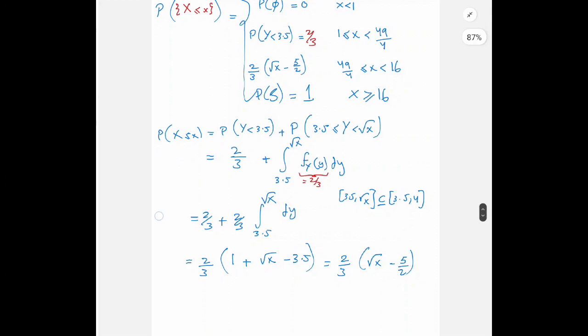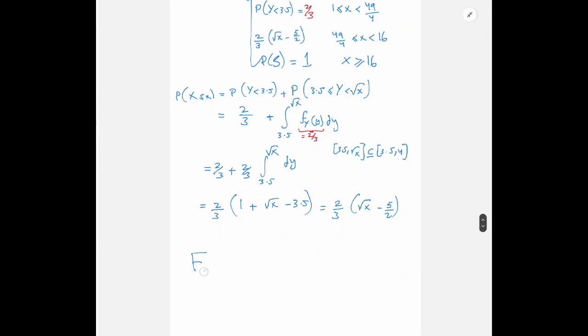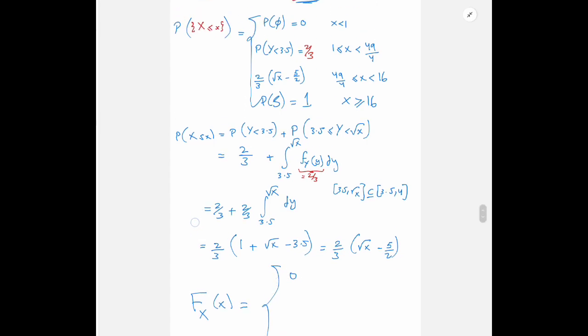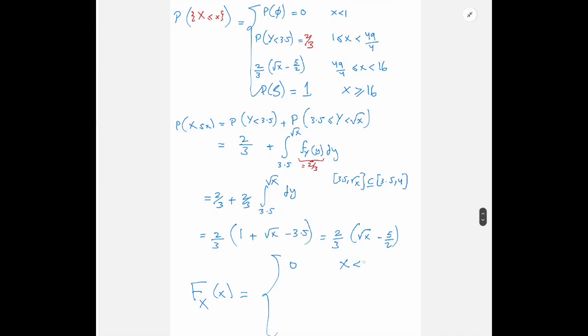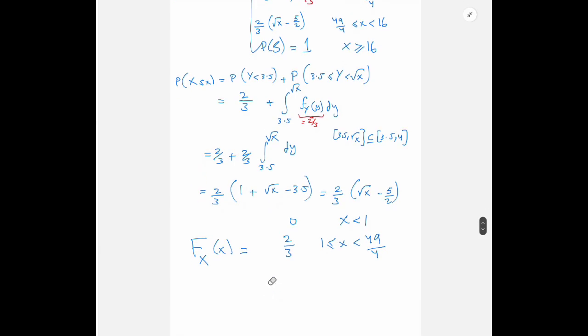So recap, in this case the cumulative distribution function is equal to 0 for x less than 1, 2/3 for 1 less than or equal to x less than 49/4, 2/3 root x minus 5/2 for 49/4 less than or equal to x less than 16, and 1 for x greater than or equal to 16.